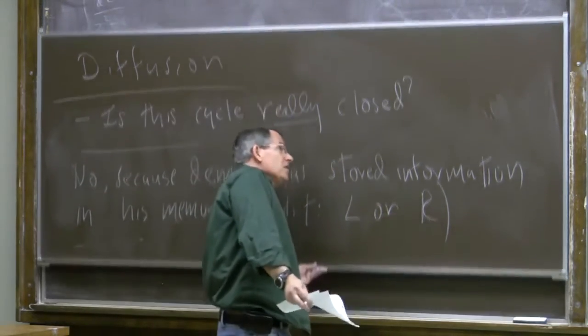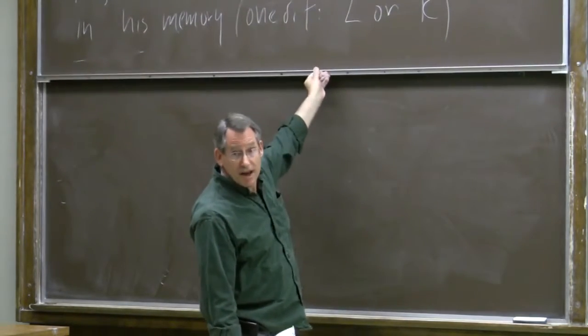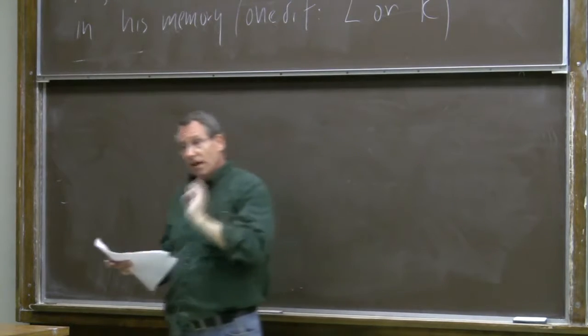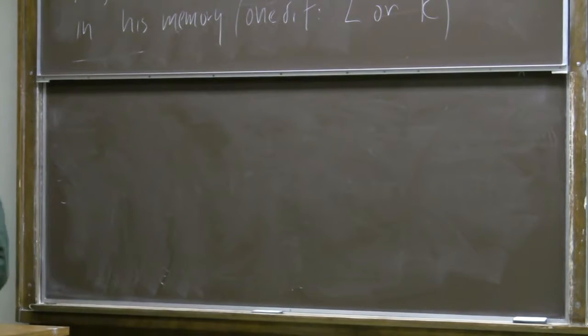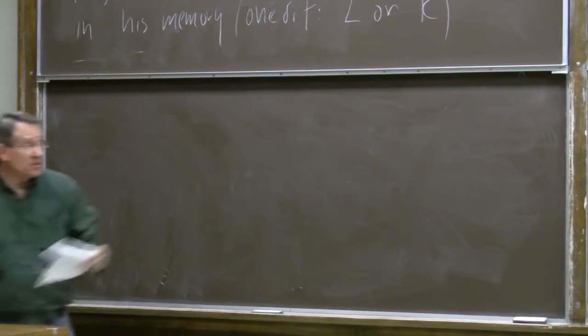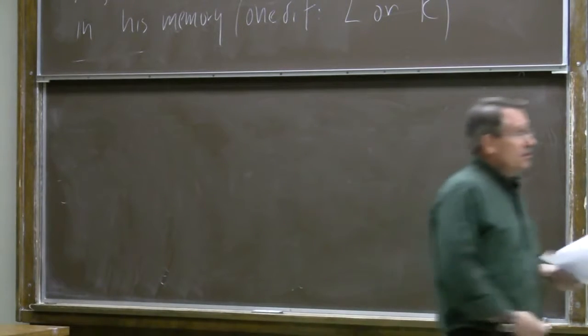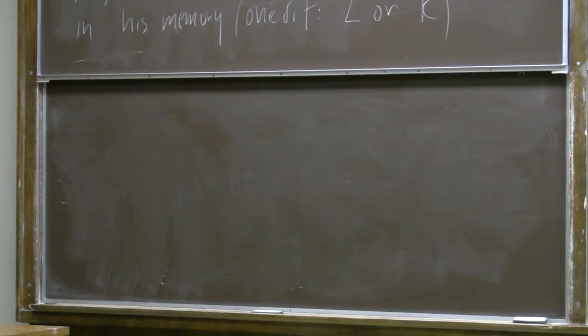So really, the system that we're considering is not just the gas, the one molecule in the box. It is the one molecule in the box and the demon's memory. Okay? We brought the gas back to its original state, but not the memory. Now, the demon might have a lot of memory, and if he has a finite amount of memory, eventually he's going to use it up, and he won't be able to do this anymore.